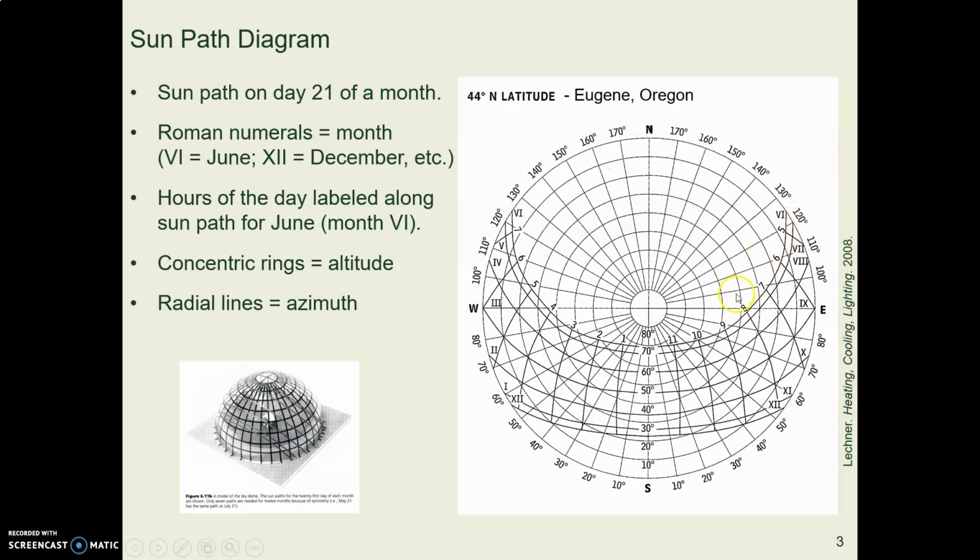So over here on the right side, these are hours in the morning, and over here on the left side, those are hours in the afternoon. Then these concentric circles will be where we'll find the altitude, and just a reminder, those are like these rings on this sky dome. And then the radial lines, the ones that come straight out from the center, those are where we'll find the azimuth, or the horizontal angle on the ground.